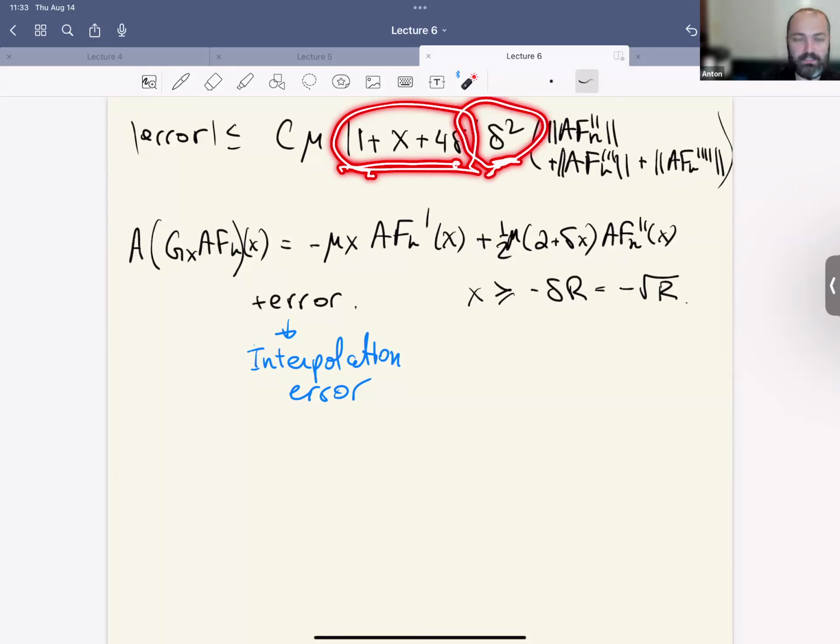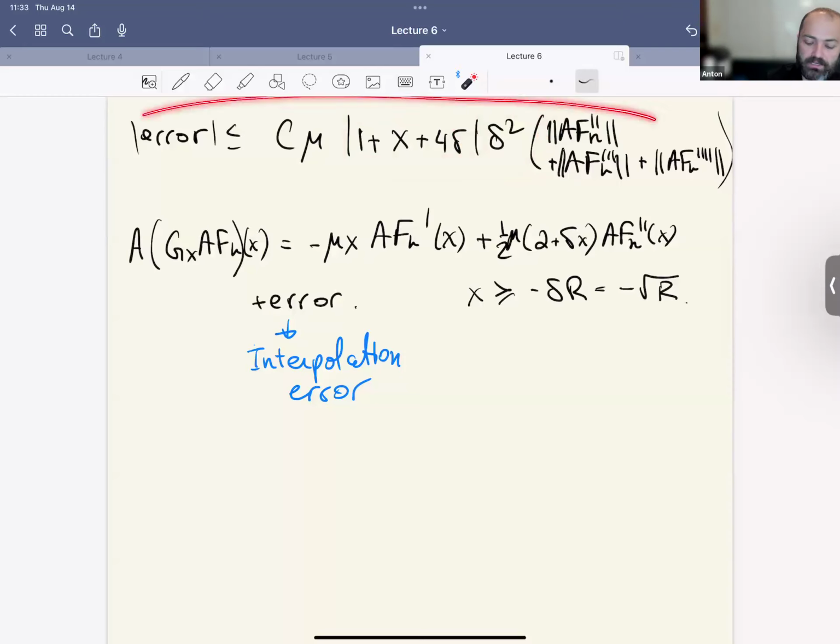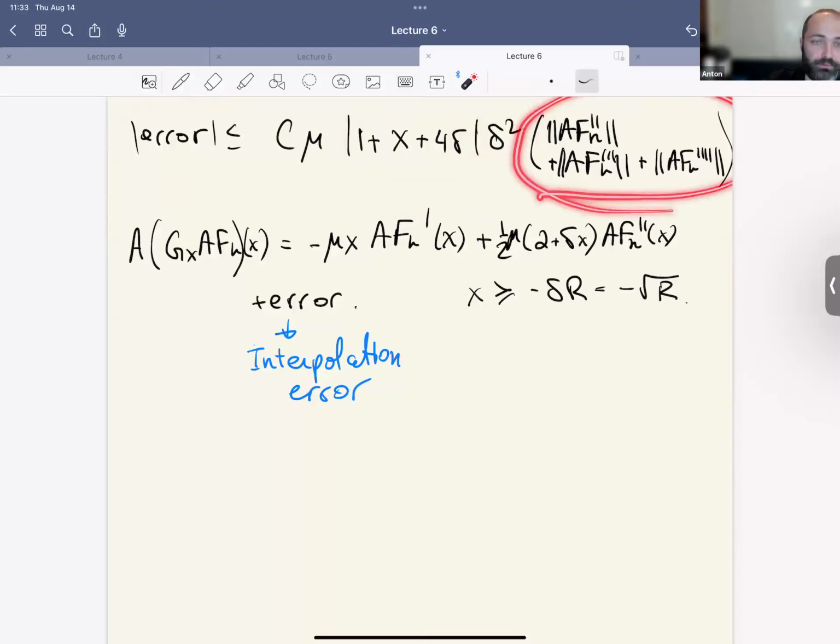In other words, it's not going to be the bottleneck. It's not going to be the one saying you can only show a slower rate of convergence because the interpolation error is tripping you up. But of course, it is going to be a bottleneck if you want to show any rate of convergence beyond delta squared.